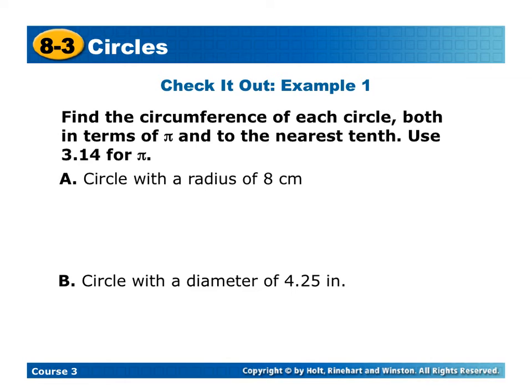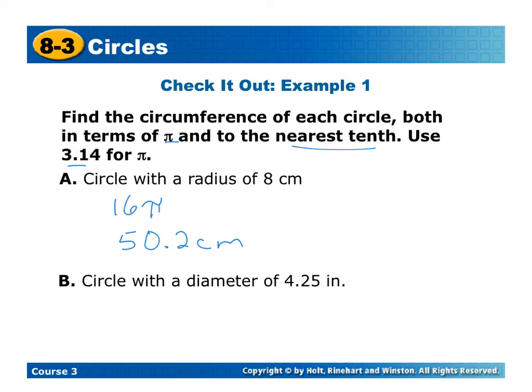So now it's your turn. Why don't you try each of these on your own, both in terms of pi and using 3.14 rounded to the nearest tenth. So with a radius of 8 in terms of pi, it's going to be 16 pi. Or we're going to do 16 times 3.14, and we get 50.24, which becomes just 50.2 centimeters.